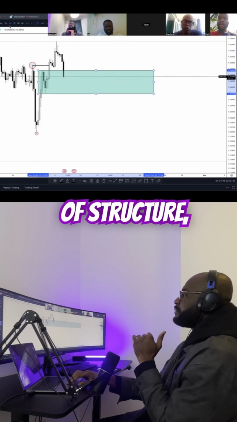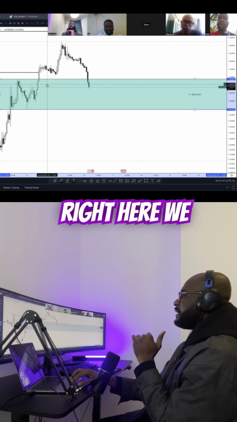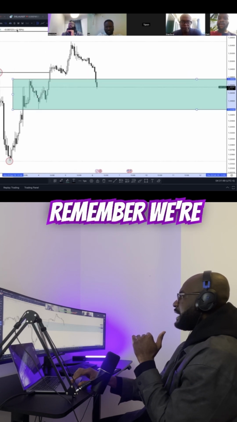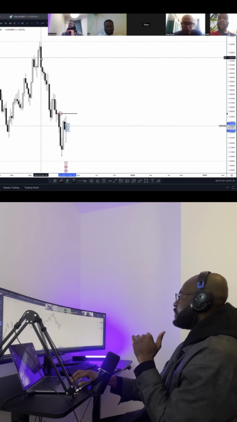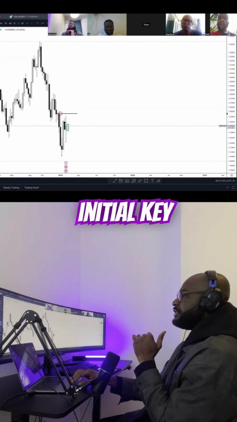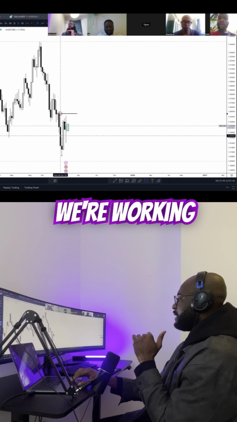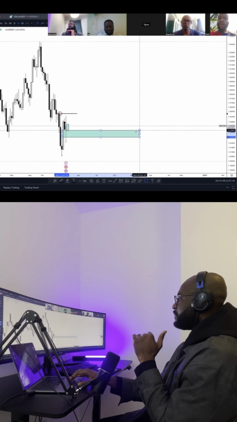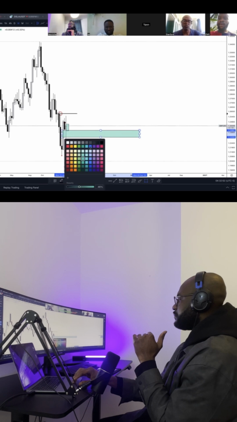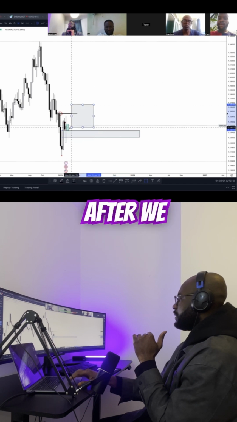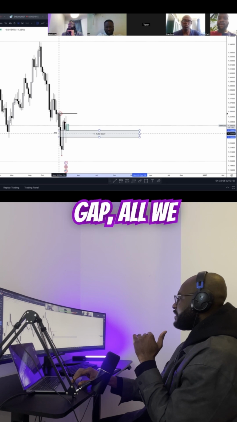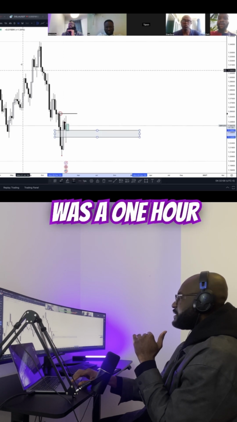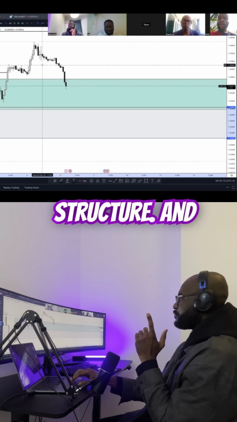Now, after a break of structure, you can see right here we have this 1 hour high. Remember, our initial key level that we're working with is this weekly fair value gap. After we mitigated this weekly fair value gap, all we wanted to see was a 1 hour break of structure.